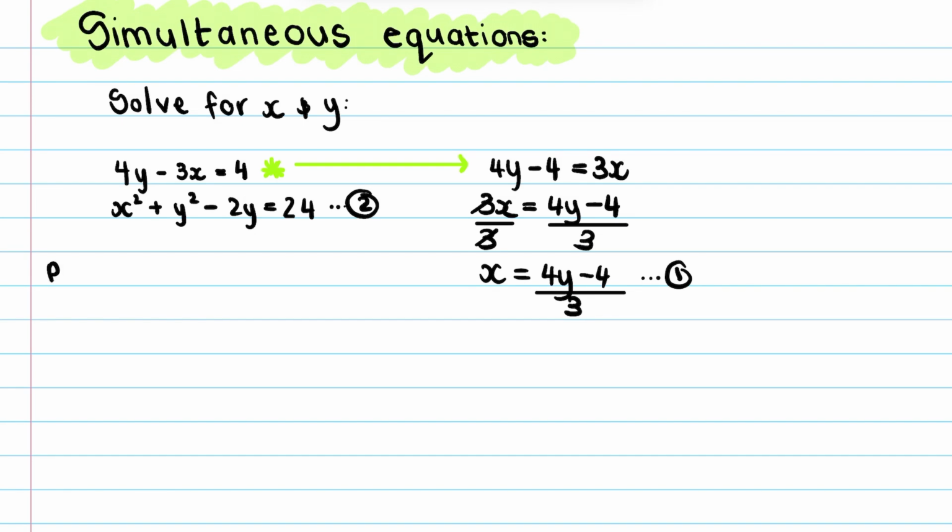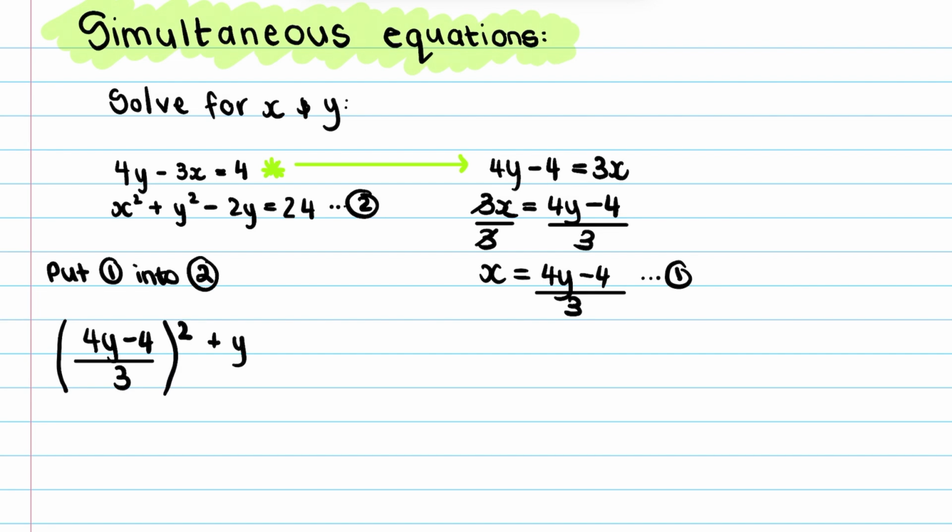Now, simply write down, put 1 into 2. And what you are going to do is everywhere you see an x, you are going to plug this value in. So that's going to look like bracket (4y minus 4) over 3 squared, and then I simply write the rest of the equation down. Great.